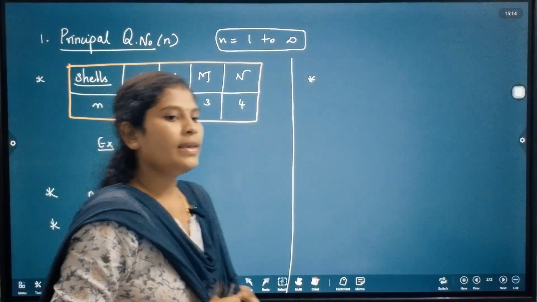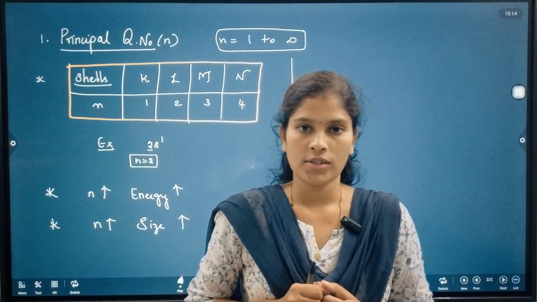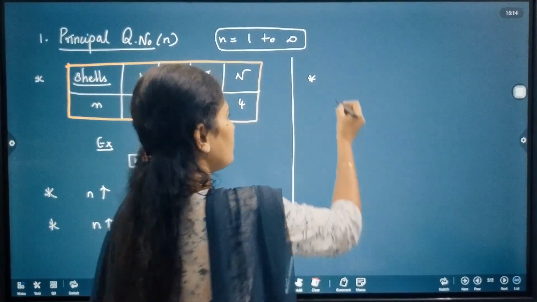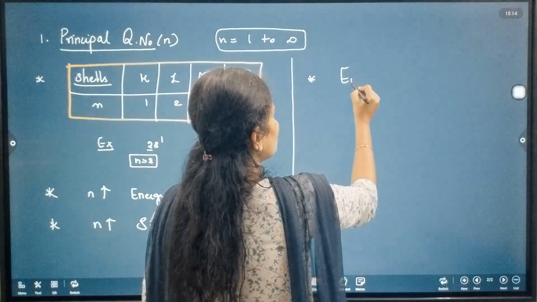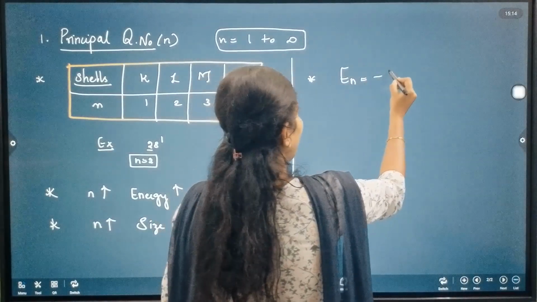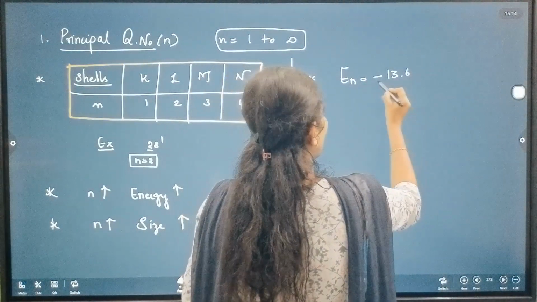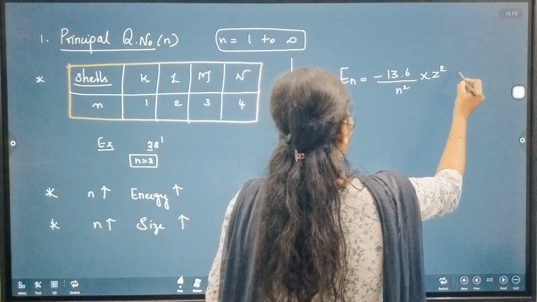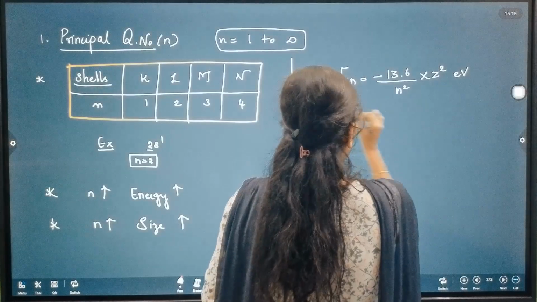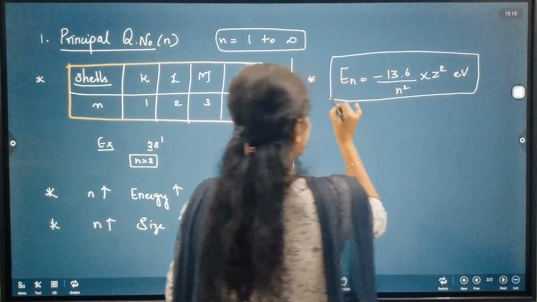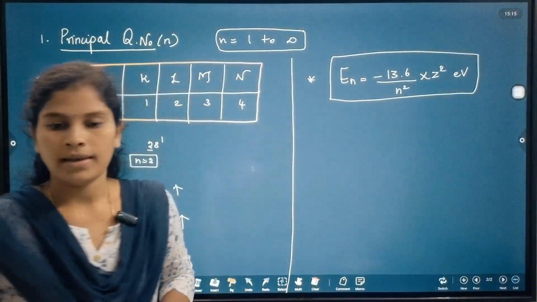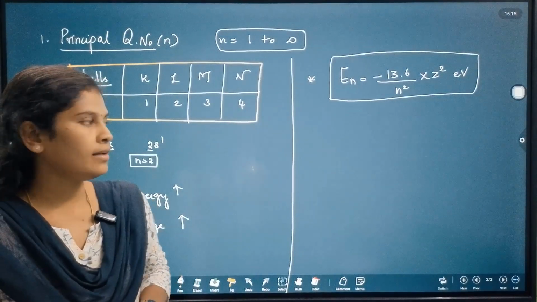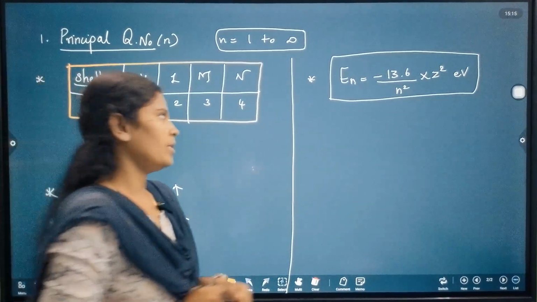Using n, we can calculate energy, right? What is the formula to calculate the energy of an electron? Yes, minus 13.6 Z square by n square, for any electron. Here Z indicates the atomic number, and n indicates the principal quantum number.